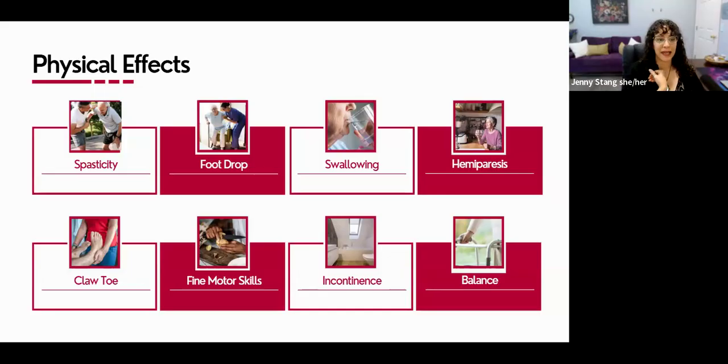And so when a muscle can't complete its full range of motion, the surrounding tendons and soft tissue can become tight, okay? And that can make stretching the muscle a lot more difficult, as you can imagine, right? And if this is left untreated, it can also lead to joints in the arm and leg being stuck or frozen in abnormal and possibly painful positions. Okay, and this is what we call contracture.